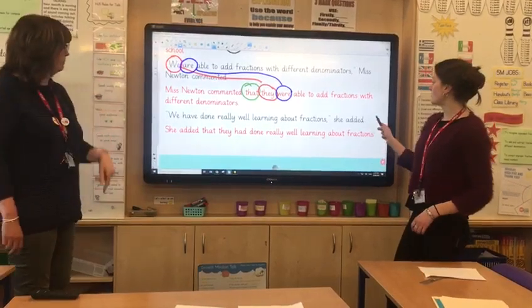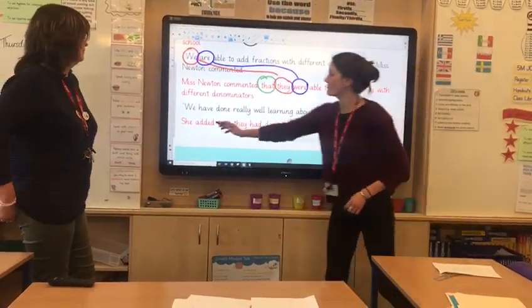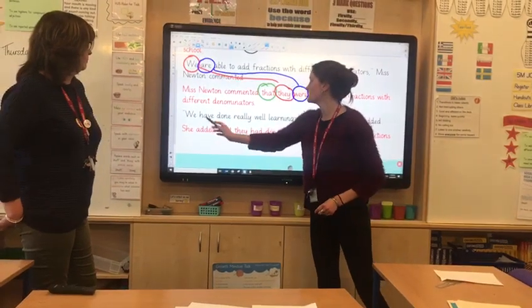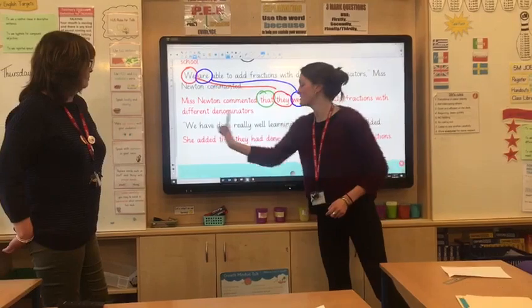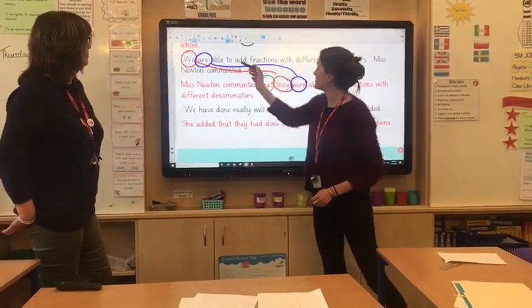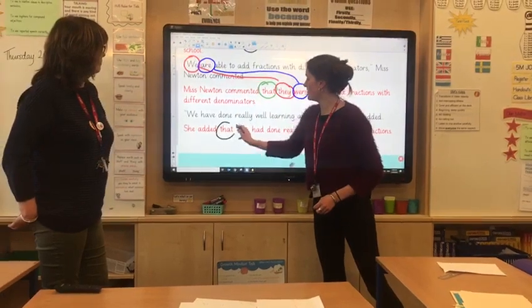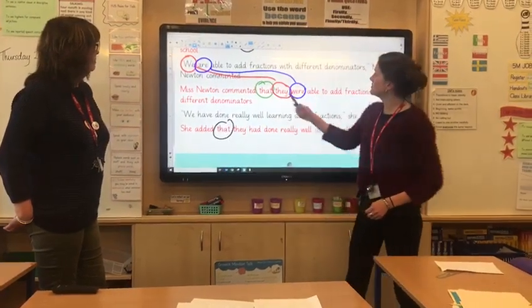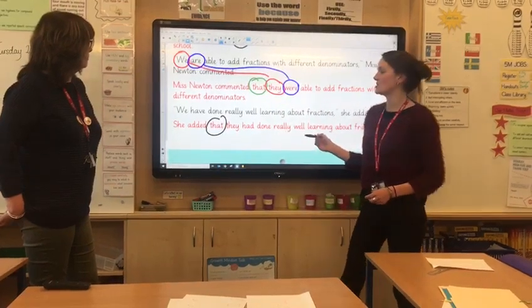Okay, so like with the previous examples, we have moved the speaker to the front of the sentence. "So we've done really well learning about fractions," she added. So she added is moved here. We have added in our magic that. In addition, to change it into reported speech, we have had to change the pronouns.